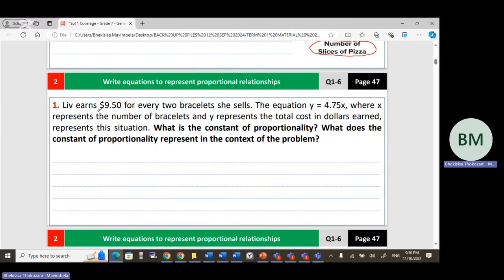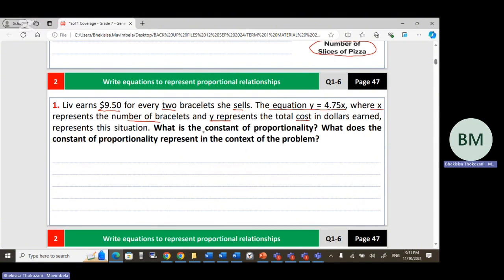I don't know. So we have: Leave earns about 9.50 for every 2 bracelets that she sells. But once you are given an equation, your life becomes much easier. It says the equation is y equal to 4.75x, where x represents the number of bracelets and y represents the cost in dollars in this situation.